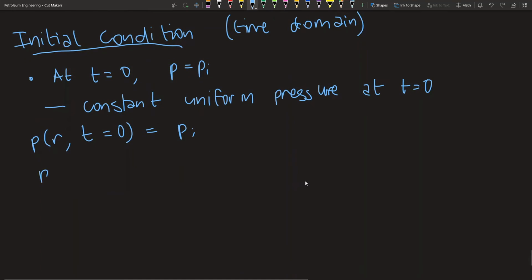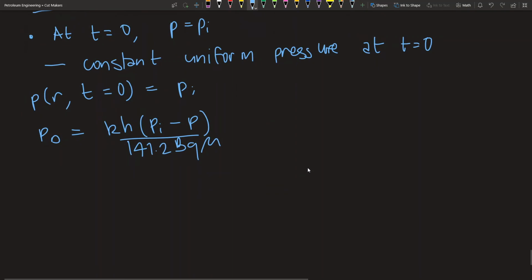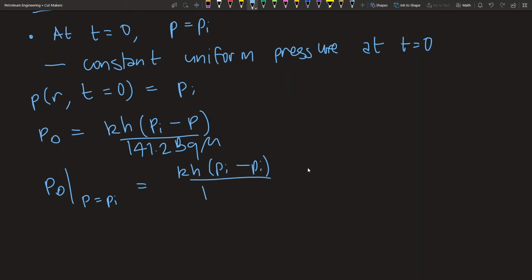So let's recall the definition of dimensionless pressure. P sub d equals kh times p sub i minus p over 141.2 b q mu. Alright, so p sub d at p equals p sub i is going to be equal to kh times p sub i minus p sub i over 141.2 b q mu, which is just equal to 0.